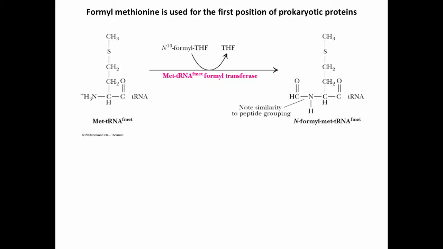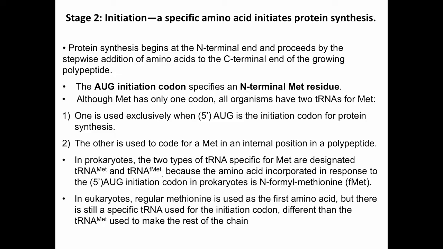Yes, so this indicates a tRNA specific for methionine that will eventually become formylated. I just wanted to double check, because it says tRNA fMet on both of them, and I was assuming there's a difference.